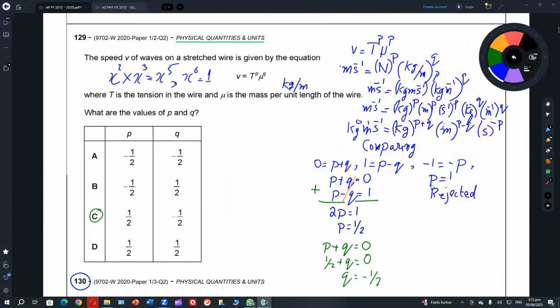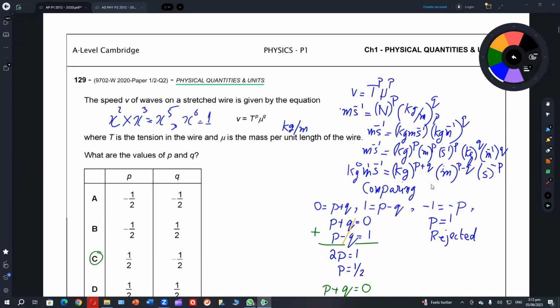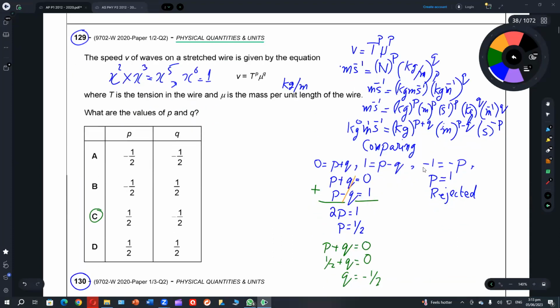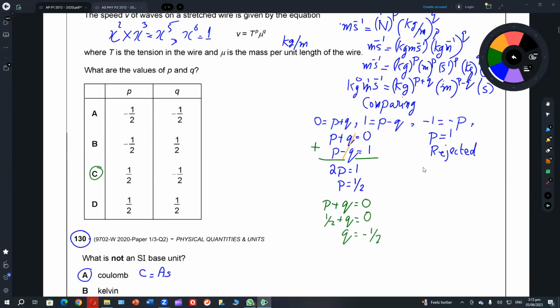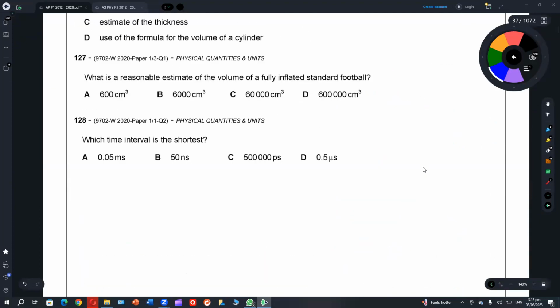You can try 1 upon 2, option A, option B, option C, and which one of them goes equal to ms minus 1, it will be the answer. I have taught you the actual method, and obviously this is the genuine method, but it's a long pure math method. Otherwise, whenever you are stuck in a question like that, you can do it by trial and error.